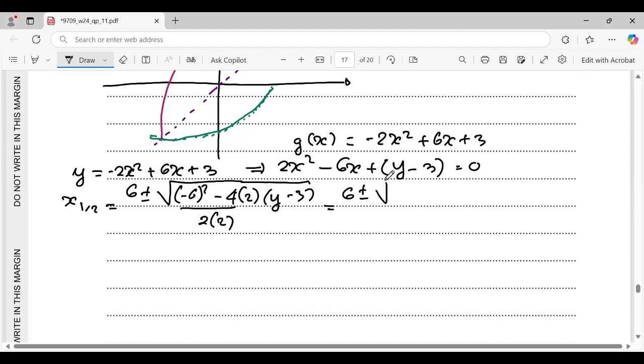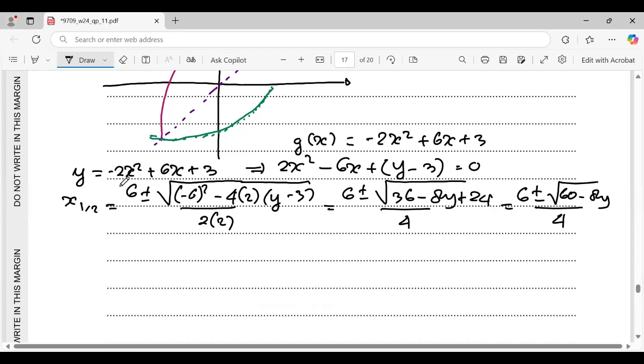6 plus or minus the square root of 36 minus 8y plus 24, over 4. So it becomes 6 plus or minus the square root of 60 minus 8y, over 4.